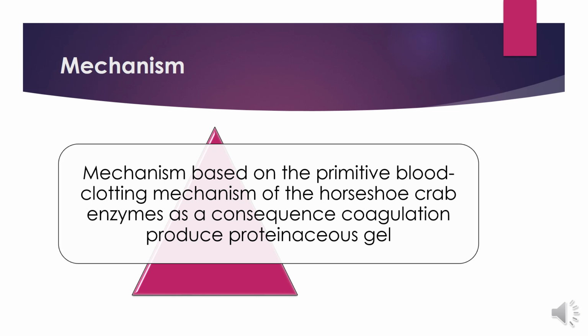So the formation of gel is the result showing the presence of pyrogen in any preparation. So basically, our test result is based on the presence or absence of gel in the test preparation that is being analyzed.